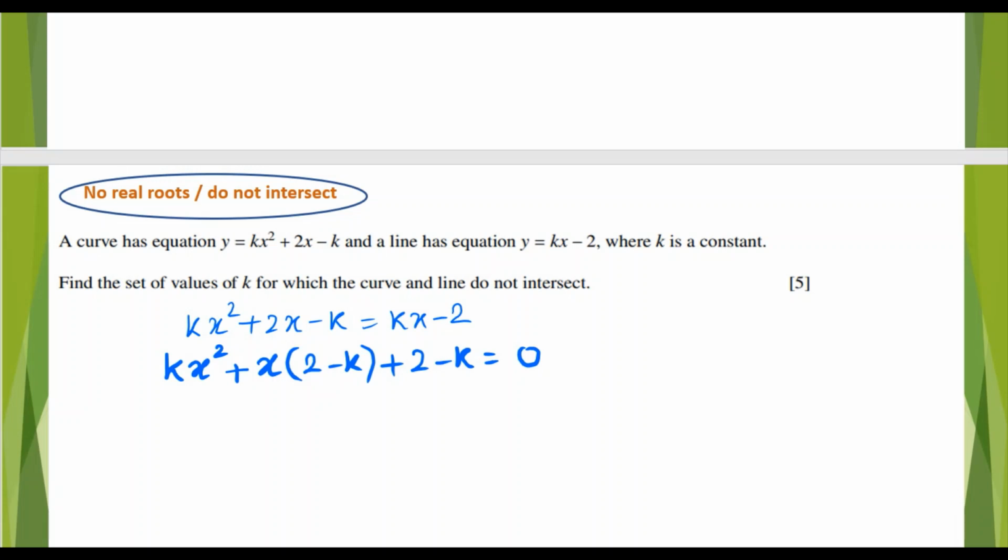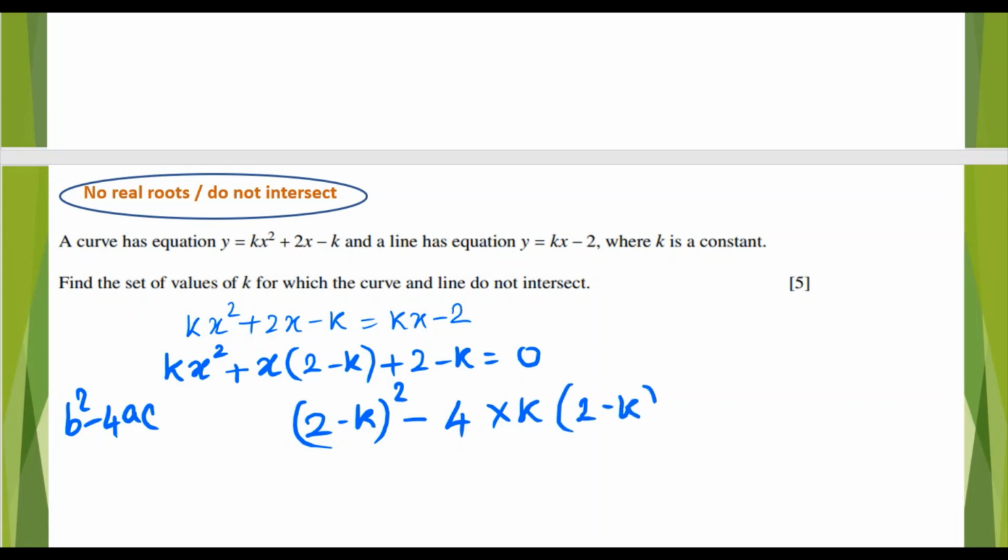Now let us find the b squared minus 4ac. We know it is less than 0. So (2 minus k) squared minus 4 times a, and c value is 2 minus k.